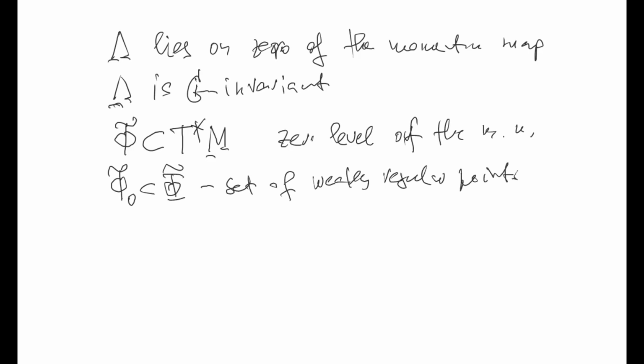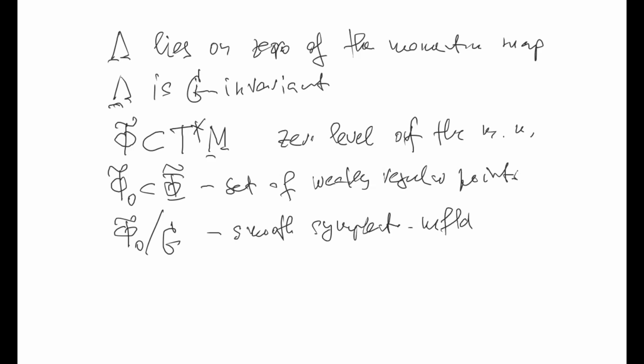Then we can consider the quotient phi naught by G, which is a smooth symplectic manifold. This construction is basically none other than the well-known Marsden-Weinstein symplectic reduction. So we can say that this phi, which I denoted without the tilde, is obtained by symplectic reduction from T star M by the action of G.